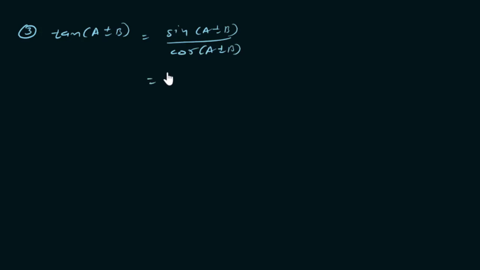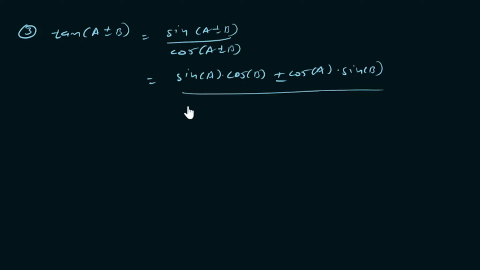Now we know that sine of a plus or minus b is sin a cos b plus or minus cos a sin b. Here we have sine plus or minus, divided by cos a cos b minus or plus sin a sin b.